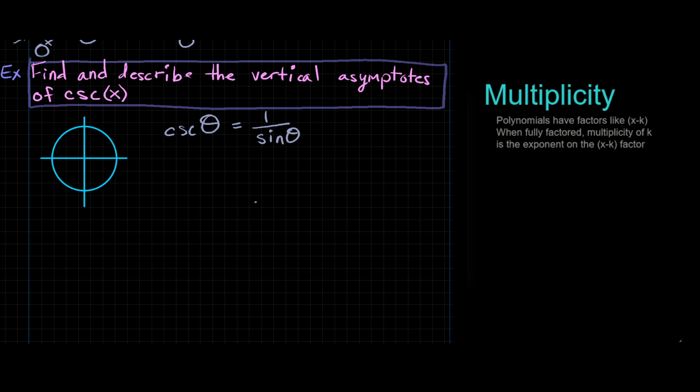So as we're thinking about cosecant, we're also going to keep the idea of sine in our minds. And this matters because when sine is 0, we've got some funny business happening. When sine is 0, cosecant has divide by 0 type funny business.